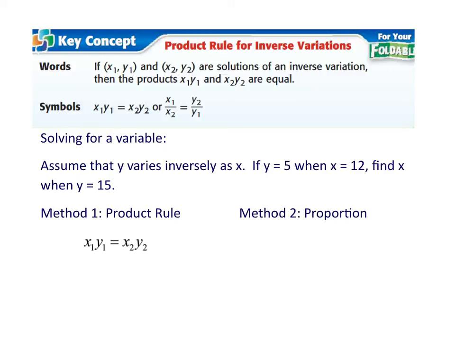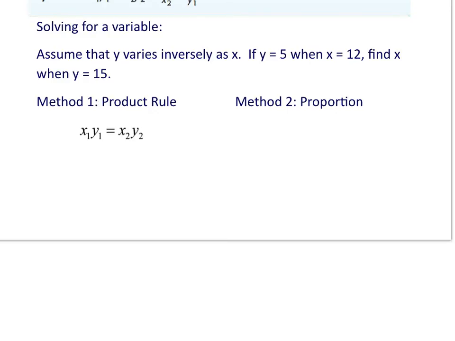So let's look at method 1, the product rule. Method 1 says x sub 1 times y sub 1 equals x sub 2 times y sub 2. So let's give a label to each of our x's and y's so we know exactly what we're going to plug in. If y equals 5, we'll call this y sub 1. When x equals 12, we'll call that x sub 1. Find x, so that's x sub 2, when y equals 15, and that would be y sub 2.